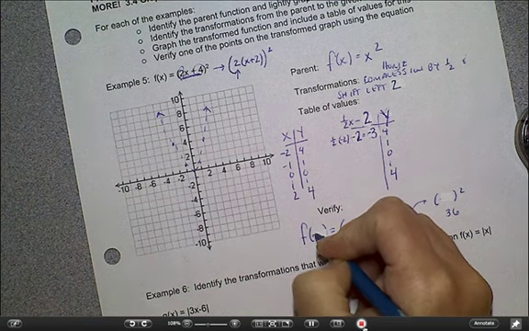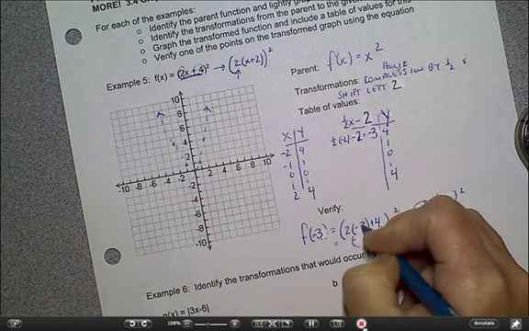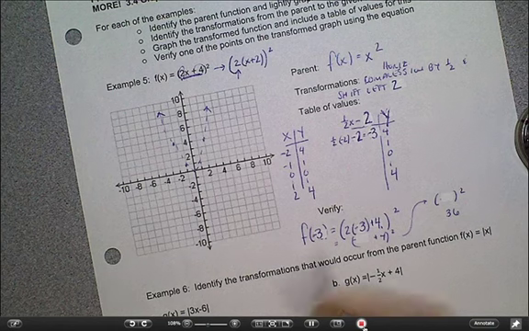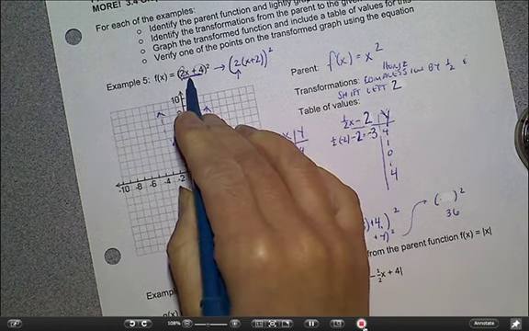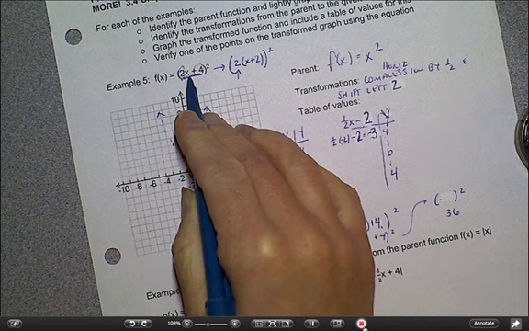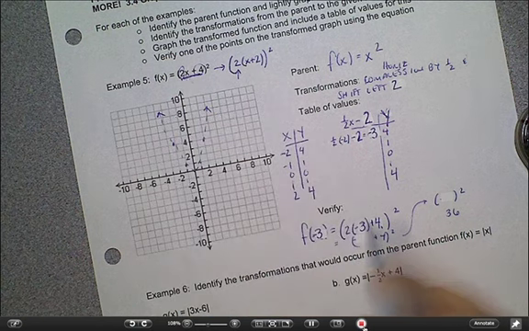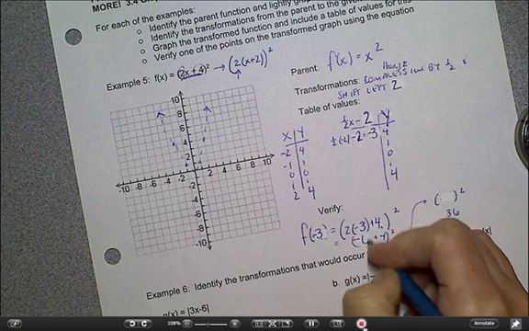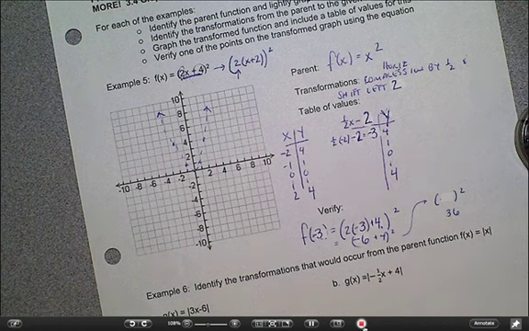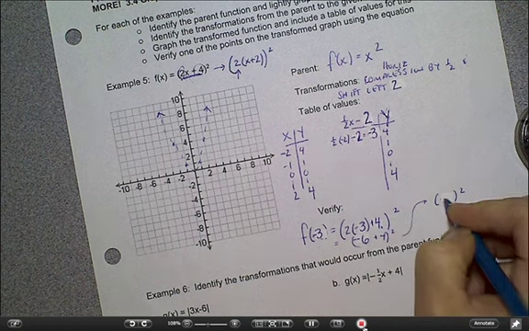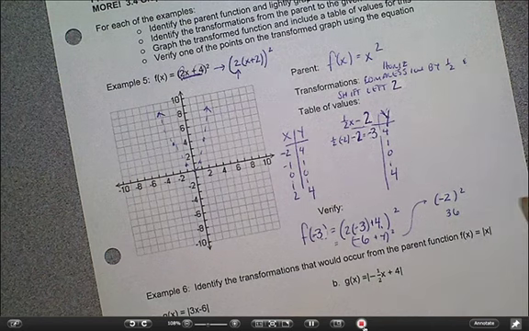So f of -3, if I plug that in, so 2 times, again, back into this original function. Always go back to the original. So 2 times -3 plus 4 would be -6 plus 4. -6 plus 4 is -2, and then -2 squared would give us the 4.